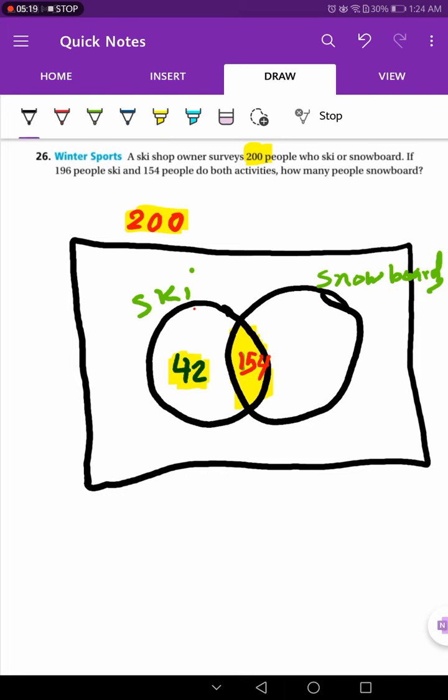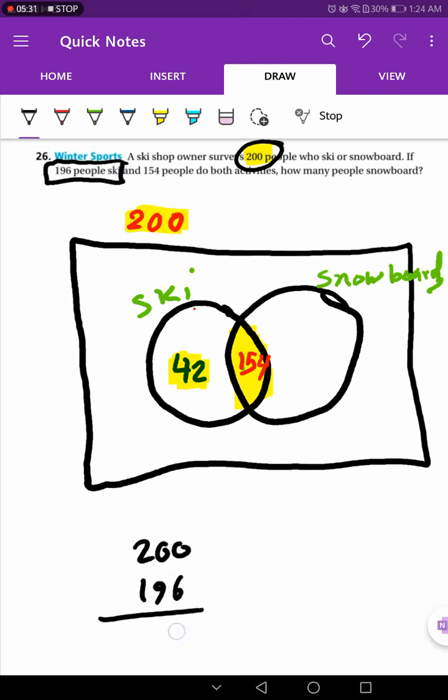I have the total number 200 minus the number of people who ski, which is 196. That gives me 4 students. These 4 students, what do they do? They do only snowboard. Only 4 people do snowboard only. They don't do ski.